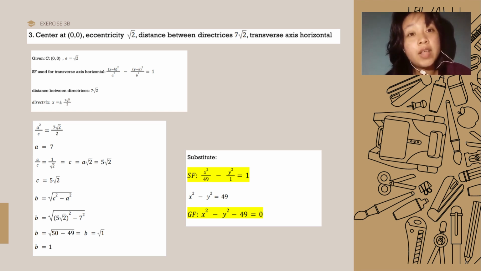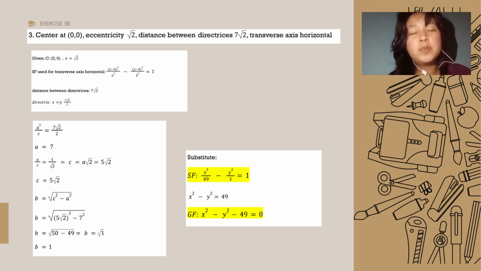Given ang ating center, which is 0 and 0, and given na rin ang ating eccentricity square root of 2, so in standard form, used for transverse axis horizontal would be x minus h squared over a squared minus y minus k squared over b squared is equal to 1.